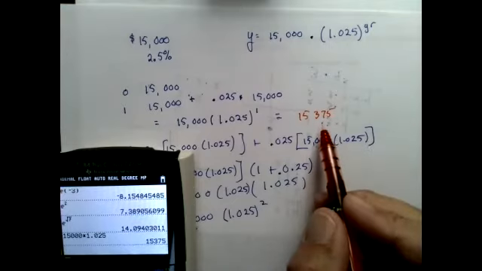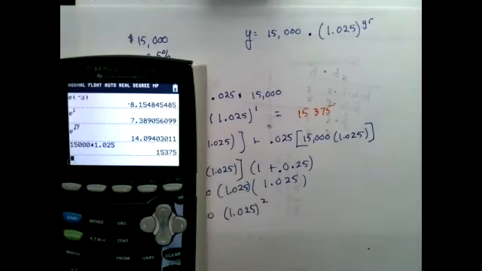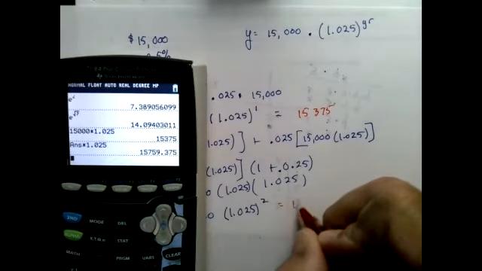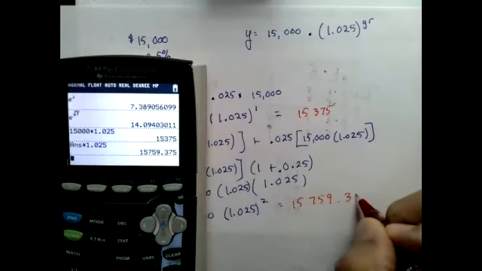So it went up $375. Now at the end of the next year, I'm going to take that answer and multiply it by 1.025. It becomes $15,759.30.